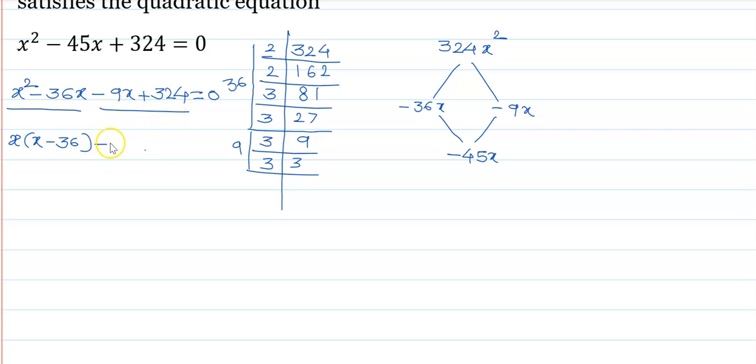Take minus 9 as common, and then in bracket you will get x minus 36, bracket complete, and that equals 0. Again take x minus 36 as common, then in the first bracket you will get x minus 36, and in the second bracket x minus 9, and overall that equals 0.